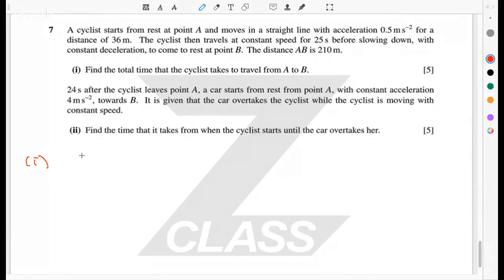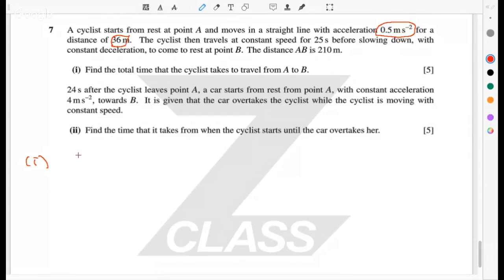Well, the cyclist is traveling at various different speeds in the distance AB, so we need to look at different segments of the travel separately. So first, we have the bit where the cyclist is accelerating at the rate 0.5 meters per second squared for 36 meters.